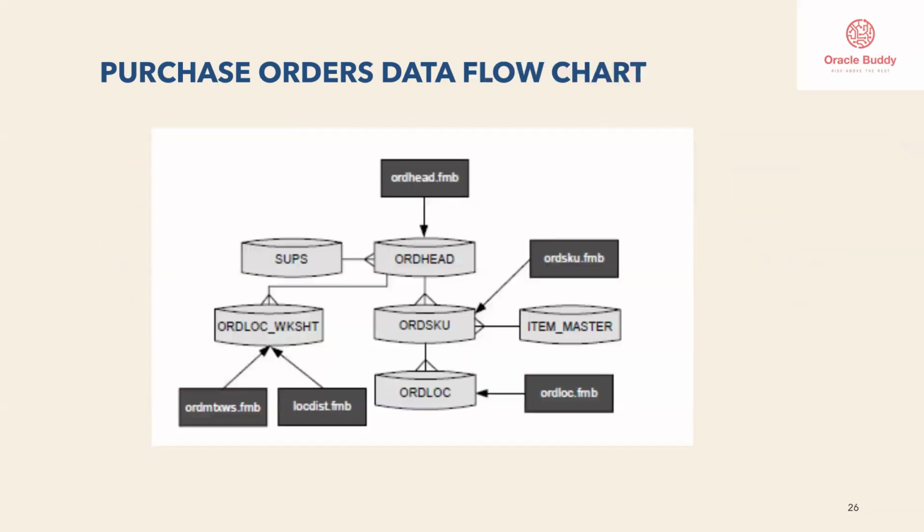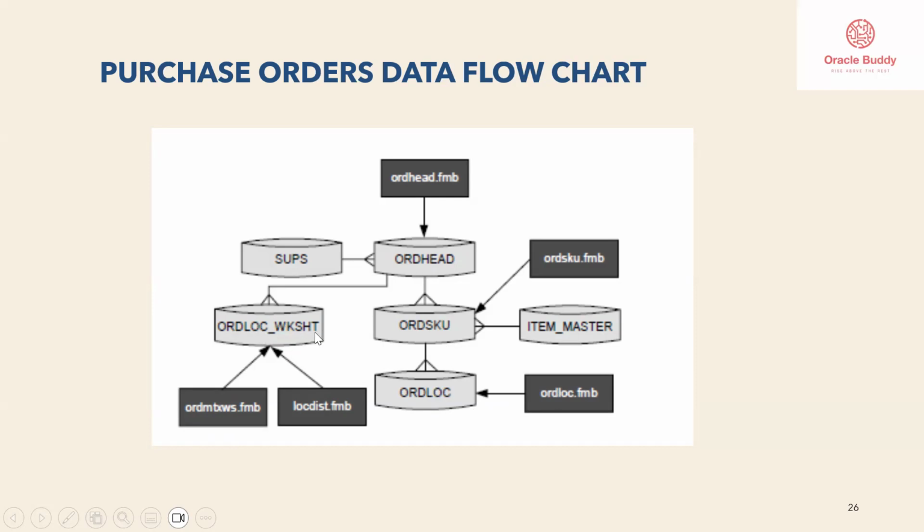So, purchase order data flow. Once you create a purchase order from the UI ord head screen, it enters into ord head, ord SKU, and ord loc. Once you enter the data in the ord SKU screen, it goes to ord SKU, and from the ord loc screen, when you enter the location details, it goes to ord loc. Similarly, ord SKU will pick the data from item master and the ord head, ord loc worksheet status.